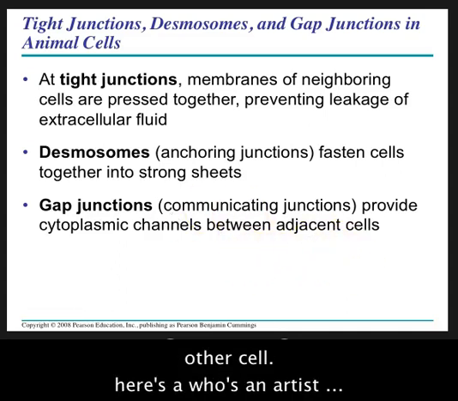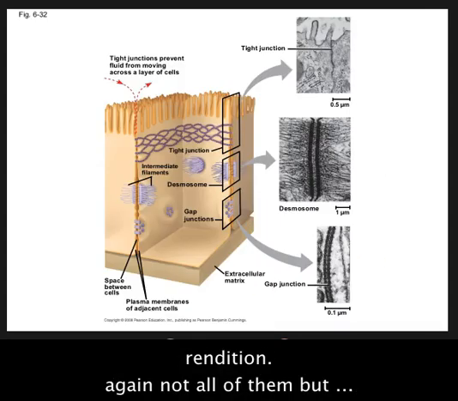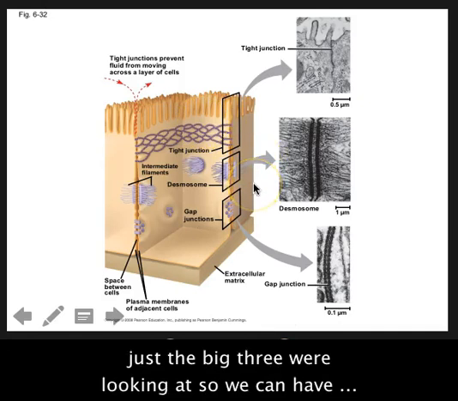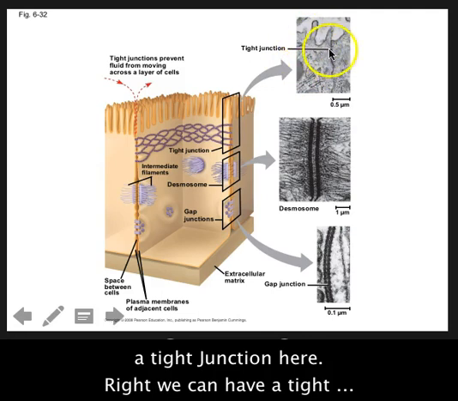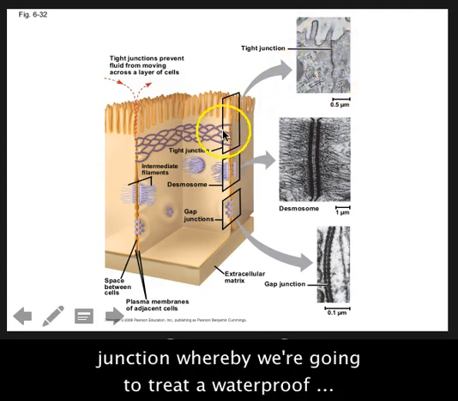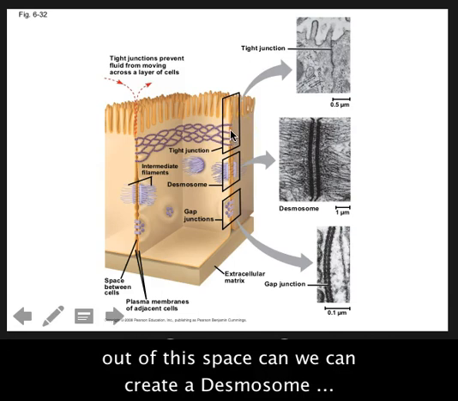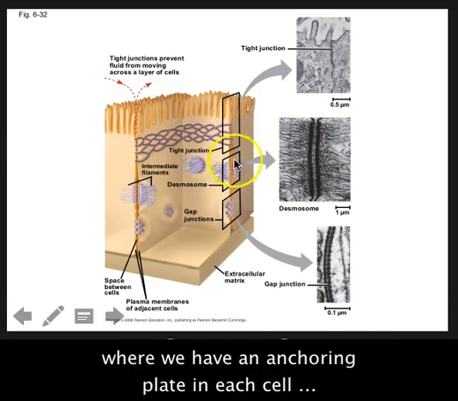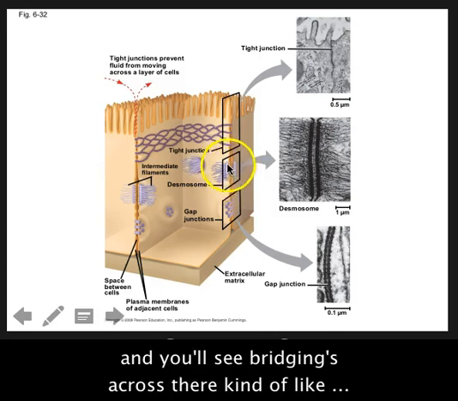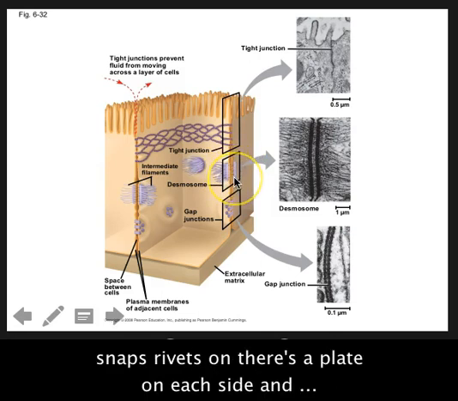Here's an artist's rendition. Again, not all of them, but just the big three we're looking at. We can have a tight junction whereby we're going to create a waterproof, leak-proof seal where we're not going to let anything in or out of this space. We can create a desmosome where we have an anchoring plate in each cell, and you'll see bridgings across there, kind of like snaps or rivets.